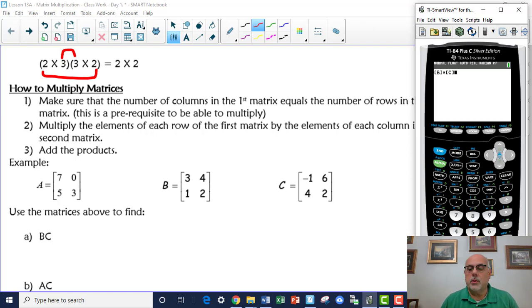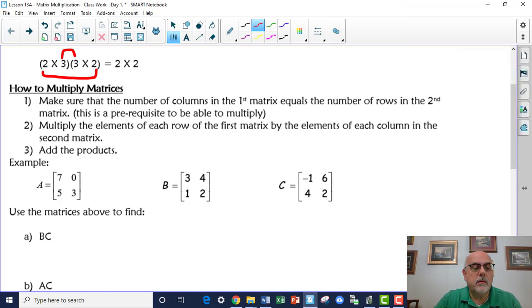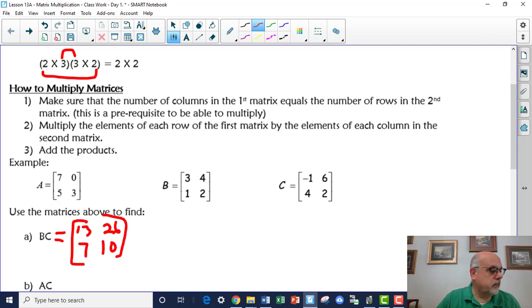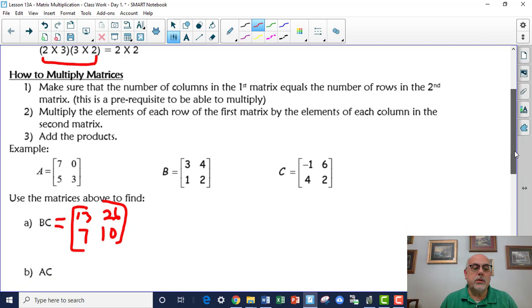Double check, make sure that's what we want, hit enter. And B times C, for my calculator screen, is 13, 26, 7, and 10. Okay? So that's how you do multiplication.